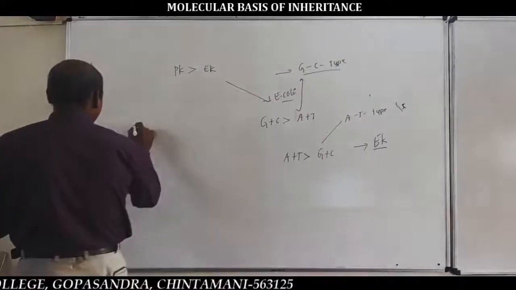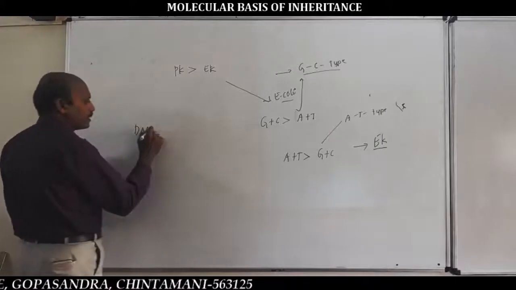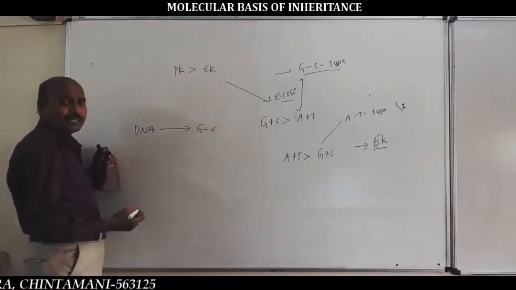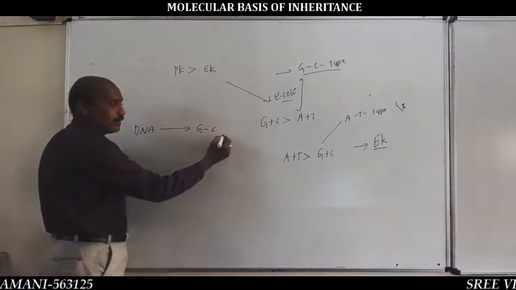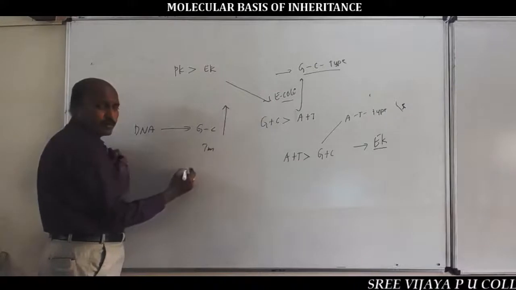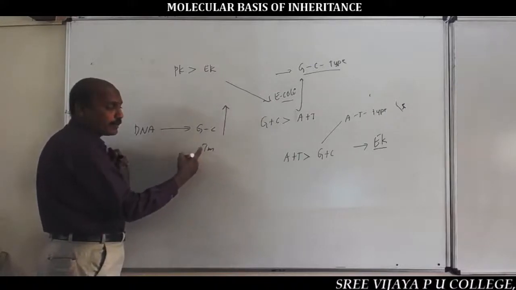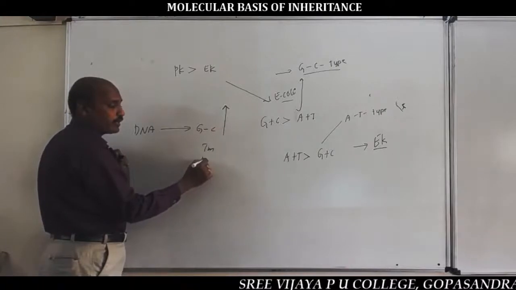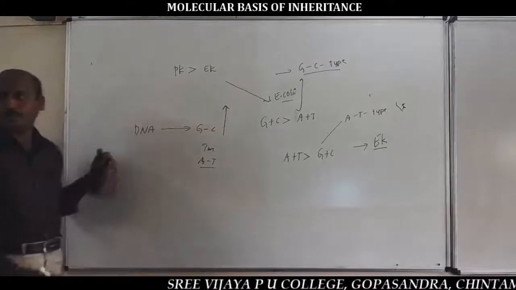Whenever DNA contains more GC nitrogen base pairs, the melting point, Tm value, the melting temperature of DNA, is higher than that of A and T nitrogen base pairs.